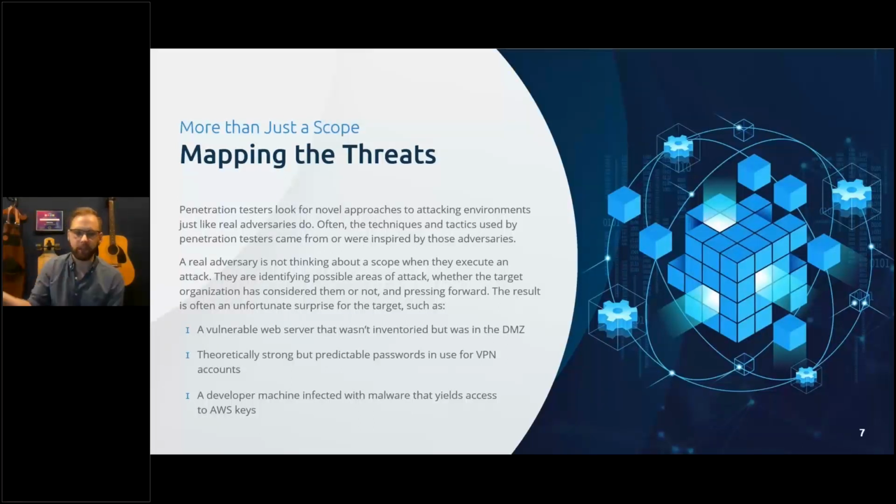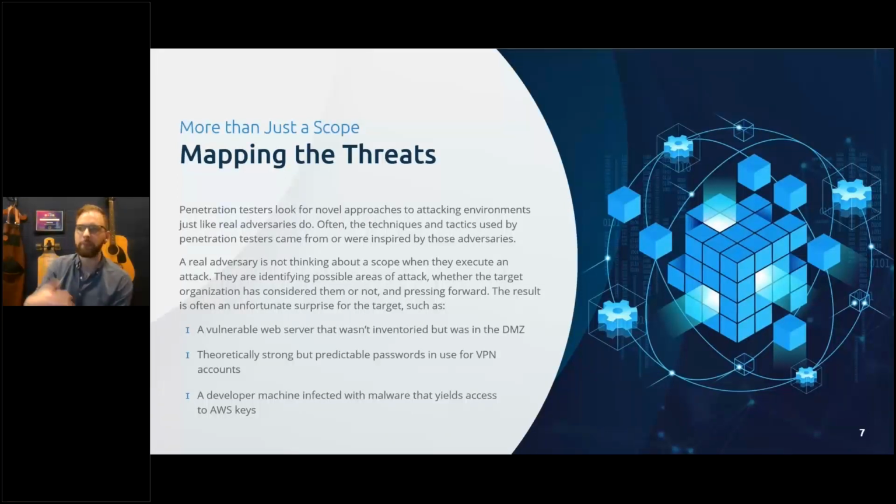Or maybe there's an application sitting in Azure Web Services, and that's what we're focusing on. But nobody's considering what will happen if AWS keys that are stored on a machine are compromised via malware. At that point, your smallest concern is how the SaaS app appears to the internet. Your biggest concern is whether or not those keys have a lot of privileges, and if they do, what happens next.